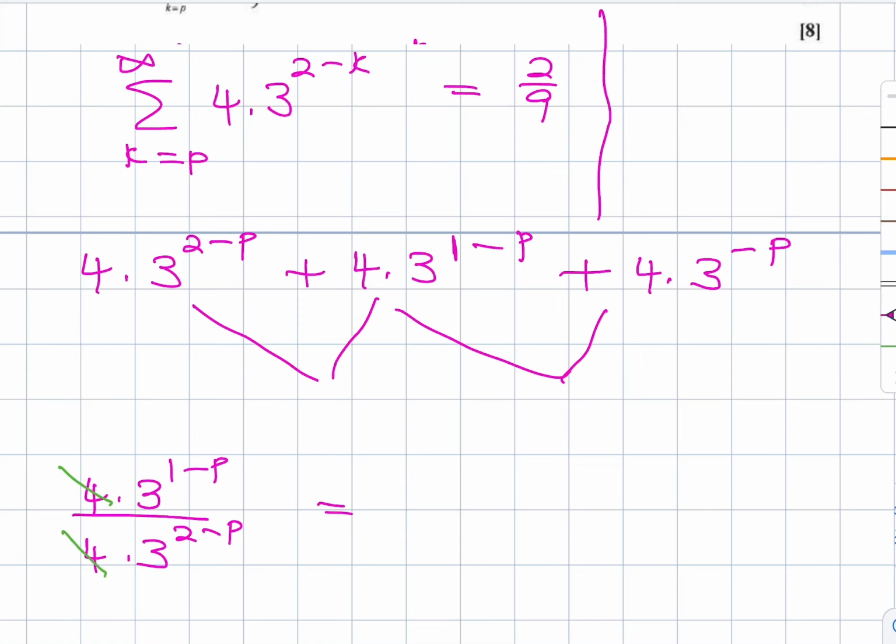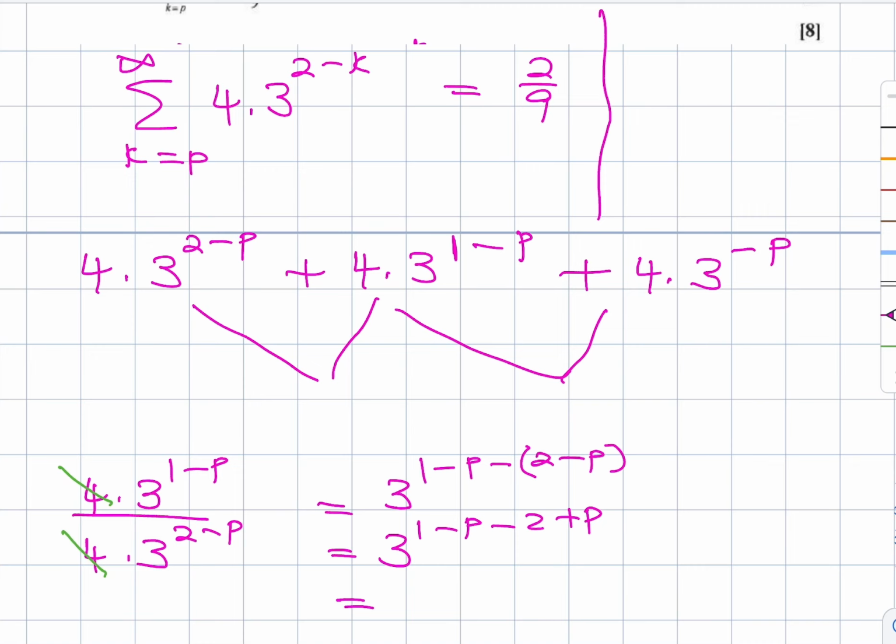Then we're left with dividing same bases. Therefore, we separate the exponents. So it's 3 to the power 1 minus p minus, bracket, because you're separating two terms, 2 minus p, which is 3 to the power 1 minus p minus 2 plus p.